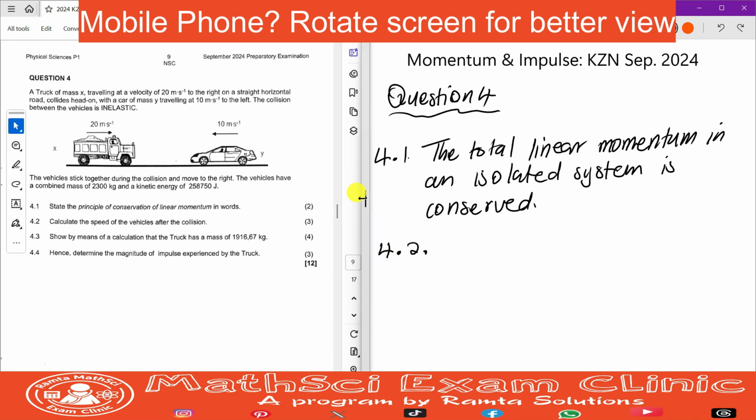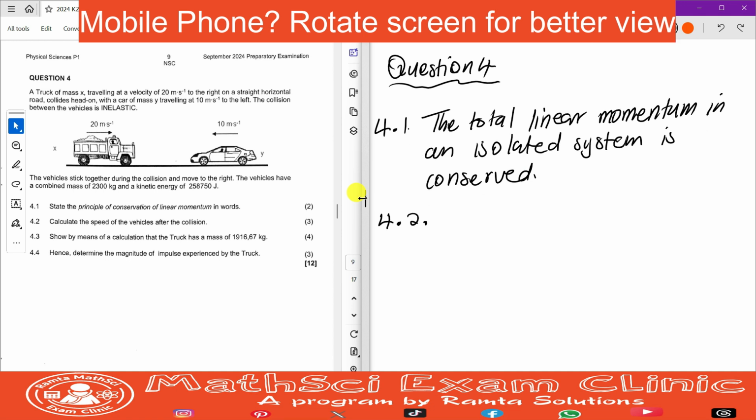4.2. Calculate the speed of the vehicles after the collision. Do you guys get this? So what we know, check this one out. After the collision, we know the kinetic energy. Kinetic energy is half times mass times velocity squared.